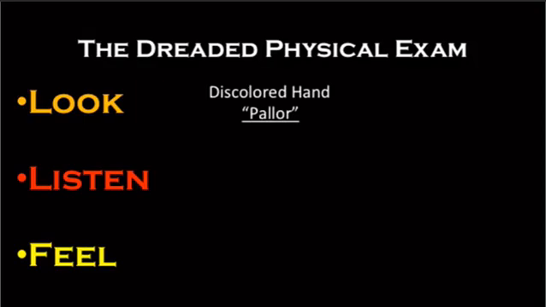A discolored hand or pallor, you'll hear that word as a buzzword. If you don't remember, pallor means pale. They may also tell you that there's pain. This is sort of a buzzword for dialysis-associated Steal syndrome, which usually people just call Steal syndrome, and we'll talk about that more a little bit later.